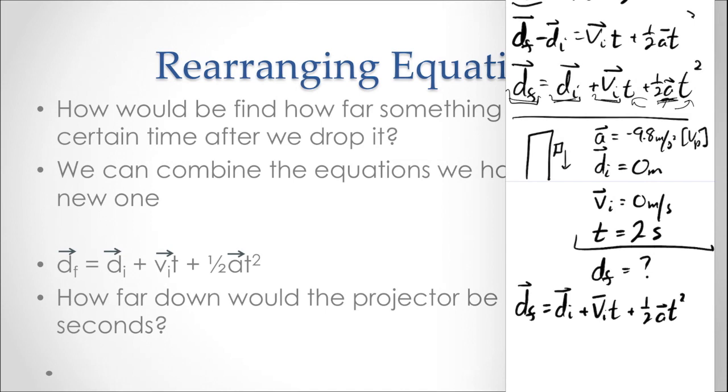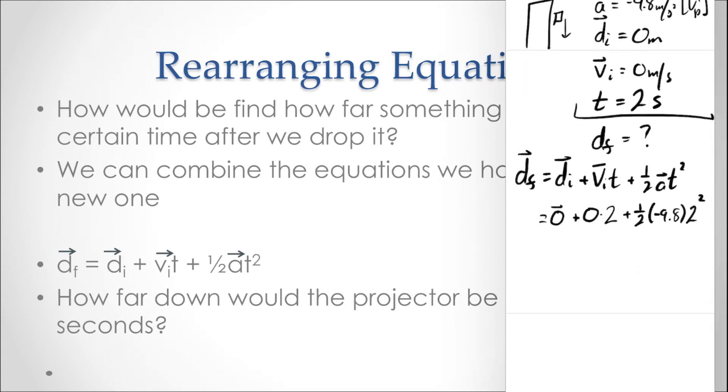In this situation, we know that the di is equal to 0. We know that the vi is equal to 0 times 2, and our acceleration is minus 9.8 times 2 squared. Putting these numbers together, we will find this is minus 19.6 meters up, or in other words, 19.6 meters down.